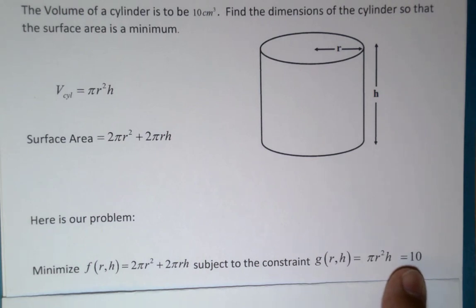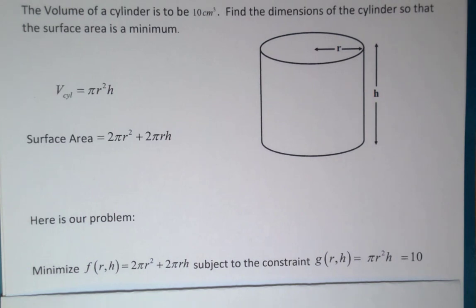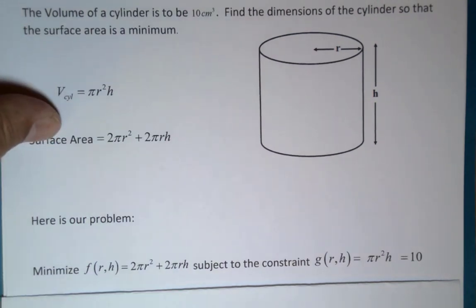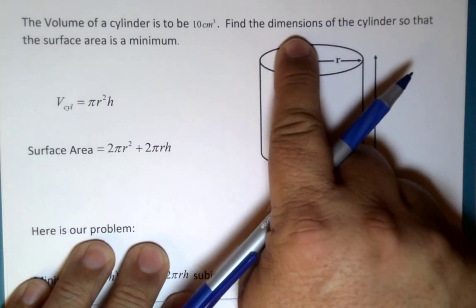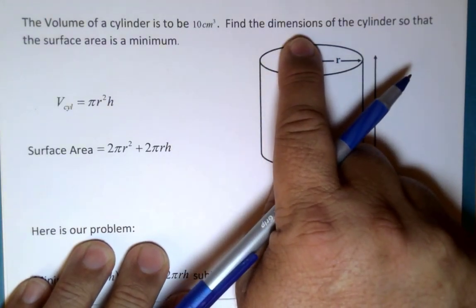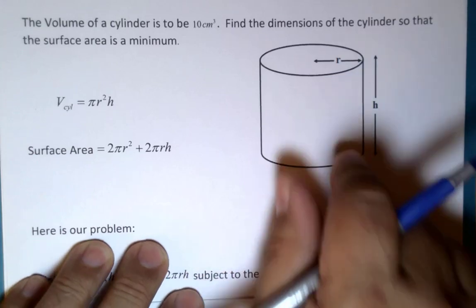So this is the actual question that gets us pretty close to being able to follow the formula. Moving forward, our goal is to find the dimensions, the radius and the height.